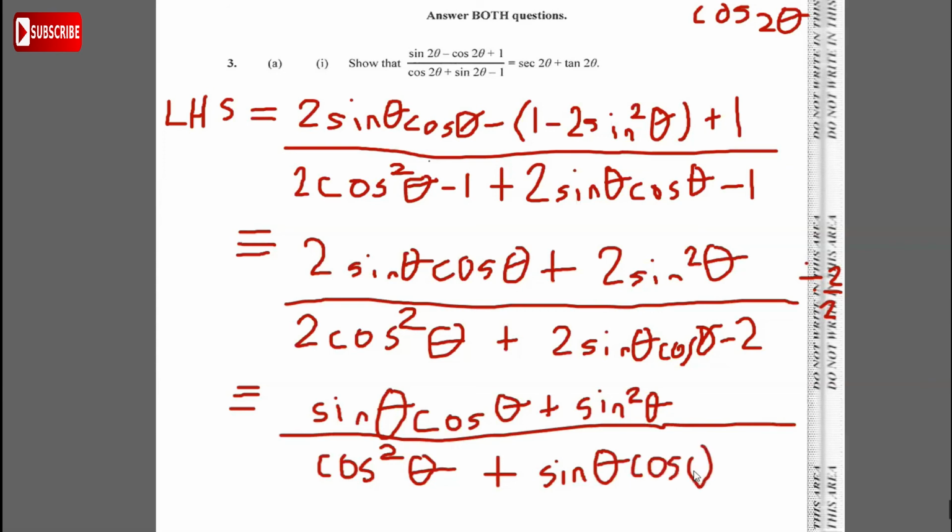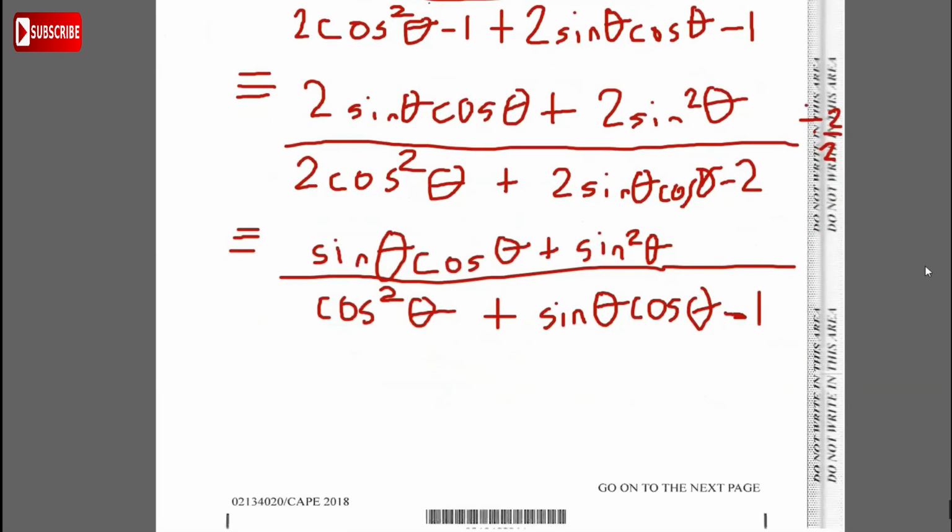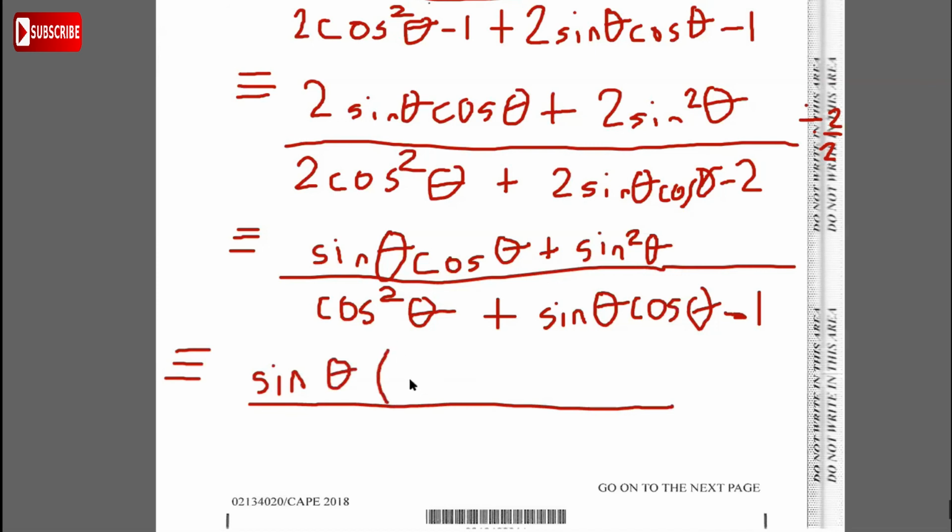So I need to figure out how I'm going to generate that denominator from this position. One thing I notice is that I see a minus 1 here. But I know that 1 is sine squared theta plus cos squared theta. So I'm going to replace 1 with sine squared theta plus cos squared theta so that everything is in terms of sine and cos. In the numerator, I factor out sine theta, and what I'm left with is cos theta plus sine theta.